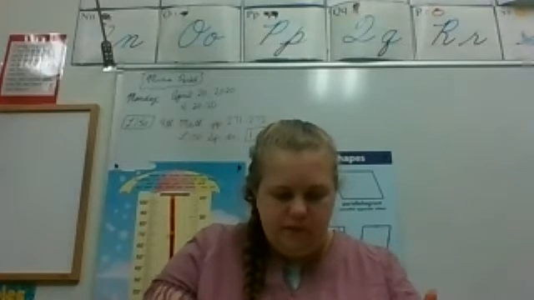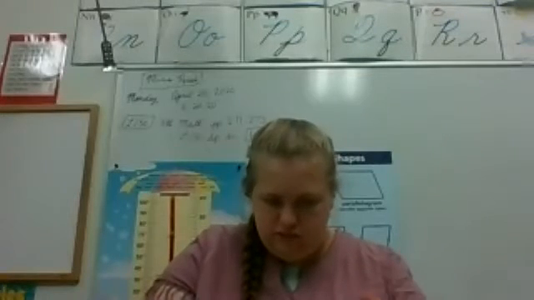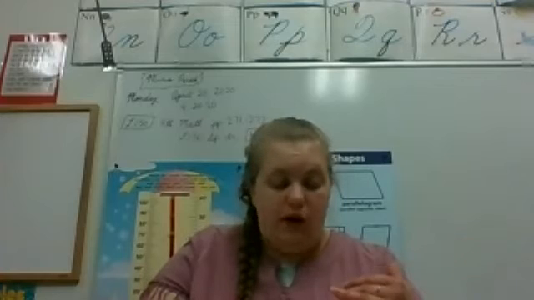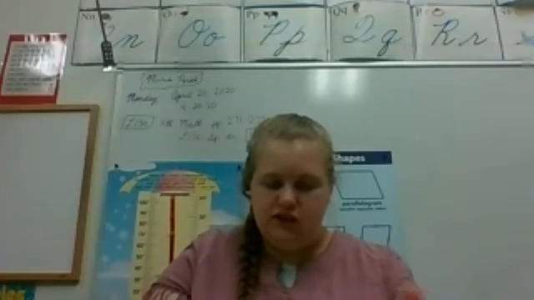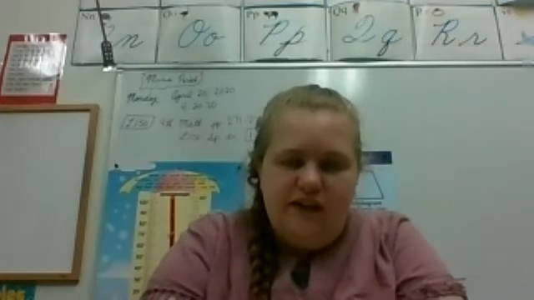On the first page of the general review, do all of number 1, because it's just giving the shape. We just went over those, so you shouldn't have any trouble with those.